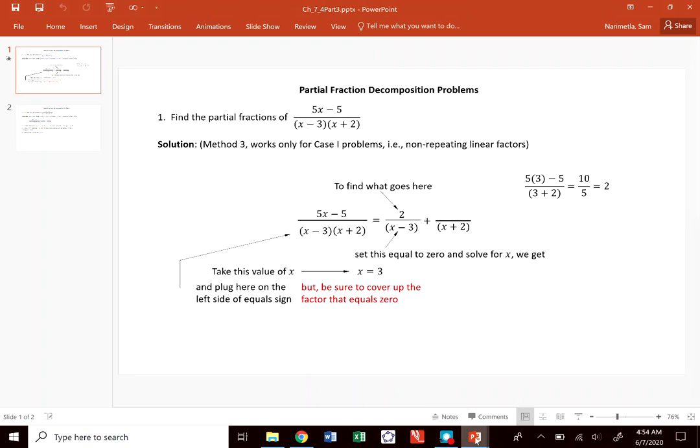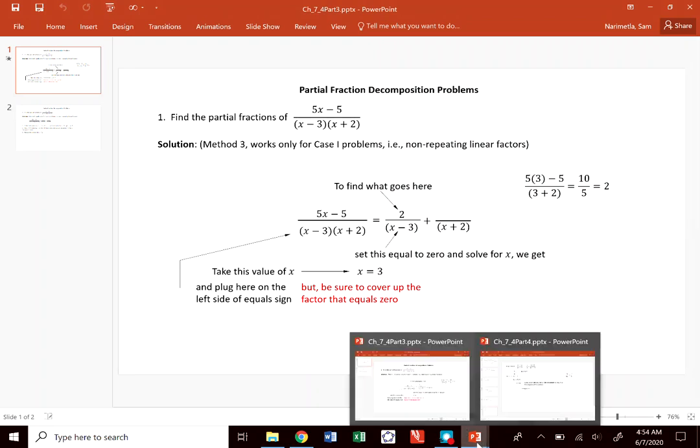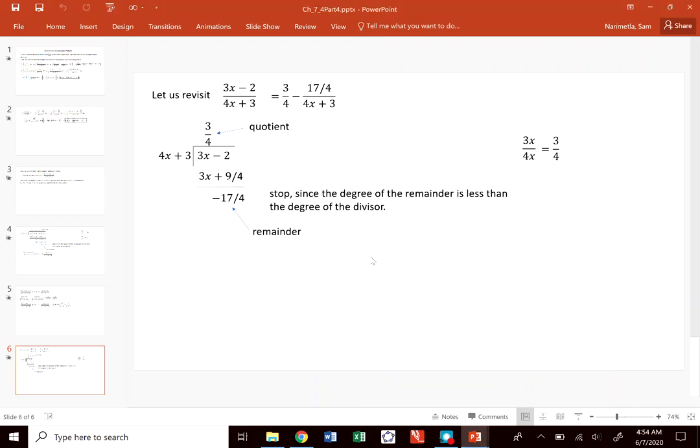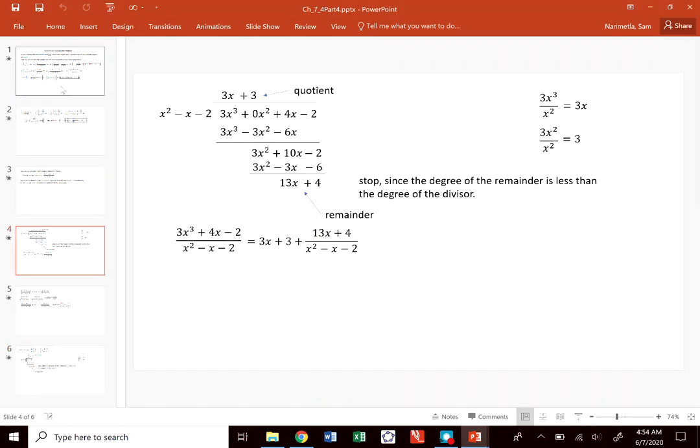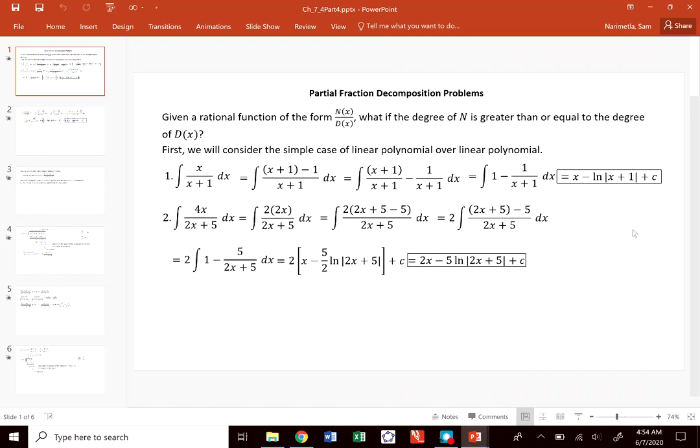Now, one last slide. One last PowerPoint. Let me wrap up the whole thing. Now here is a situation where we have an improper fraction.